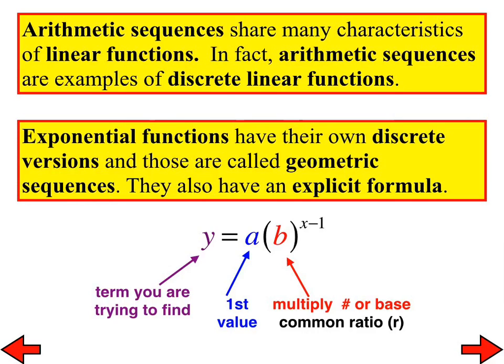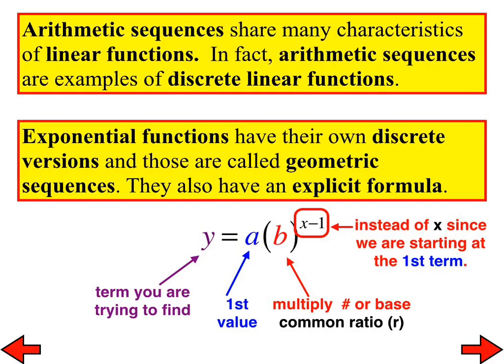So we're going to throw those two terms around a lot. Multiply factor, common ratio, they're really referring to the same thing. And then this x minus 1 is, of course, our exponent. And it's x minus 1 instead of x because we are starting at the first term and not the 0 term, which is the initial value. I'm going to stop for a second to let everybody get caught up.